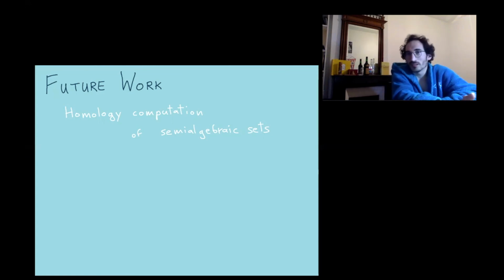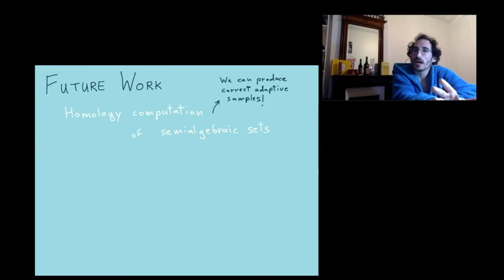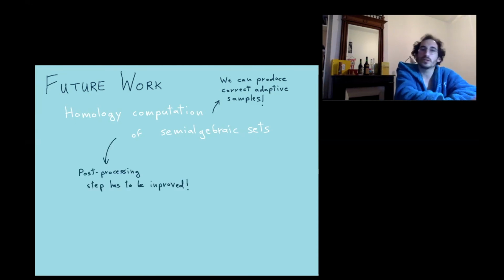Unfortunately, it seems that there is work to do. On the one hand, the positive news: we are able to produce correct adaptive samples, at least until this basic semi-algebraic case. Unfortunately, we need to improve the post-processing of these adaptive samples, because if we do the analysis and the methods as we do, essentially the expected runtime that we get at the end will be infinite.